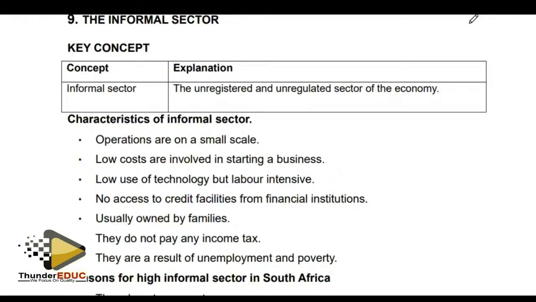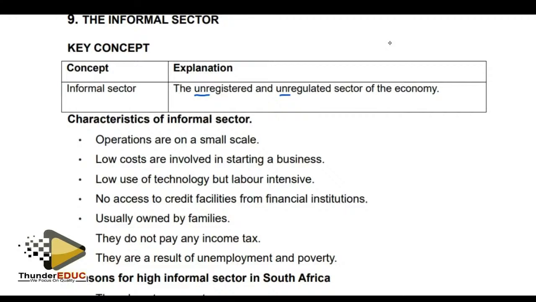The informal sector is the unregistered and unregulated sector of the economy, meaning businesses that are not registered by SARS and do not contribute directly to the economy of the country. That is why we say they are unregistered and unregulated, meaning their incomes, costs, and supplies are not regulated by the government. So they do things their own way.